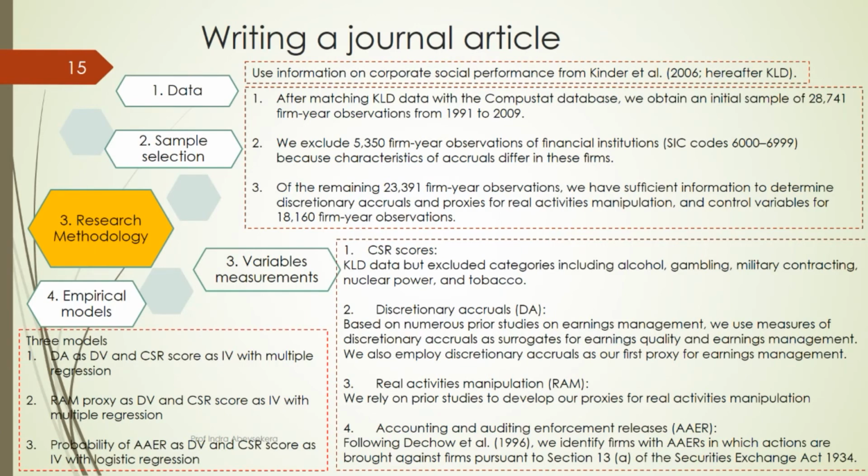It had three empirical models. Two of them were using multiple regression. The other one was on logistic regression. The first model was looking at the discretionary accruals, whether CSR, corporate social responsibility firms, and other firms have different influence on discretionary accruals.